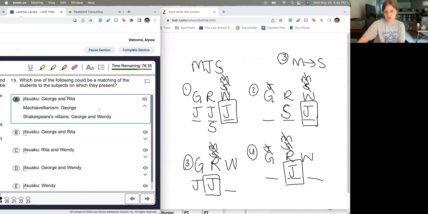So J and G and R, I already have that happening down here, so I'll work on this one. M and G, I could put M and G and S and G and W. I could do that too. Nothing's preventing me from having S and G and W. So this is a valid world. I could have that happen, which is why it's our correct answer choice.